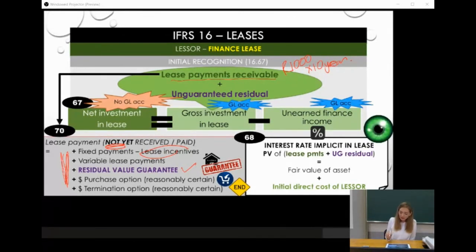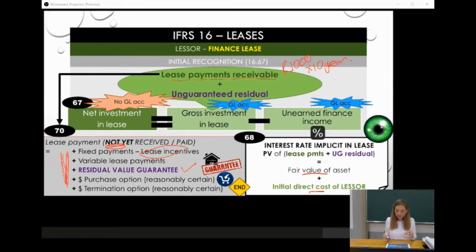Okay, so we know that the definition of interest rate implicit in the lease is the rate at which the present value of all the lease payments and the unguaranteed residual value will equal the fair value of the asset plus any initial direct costs of the lessor. So that's almost like the lessor's return on investment.